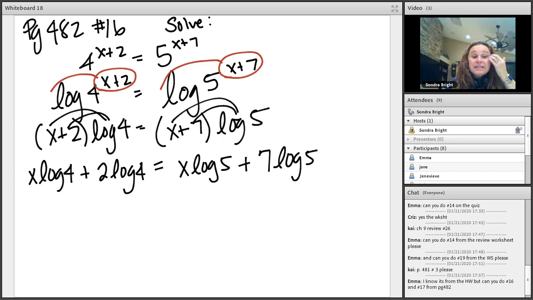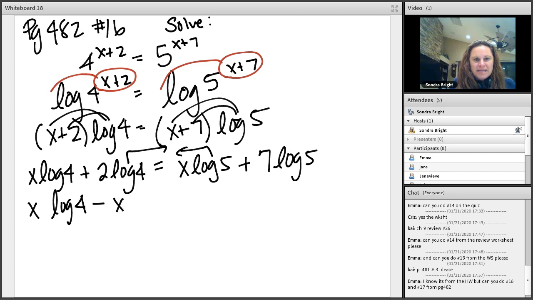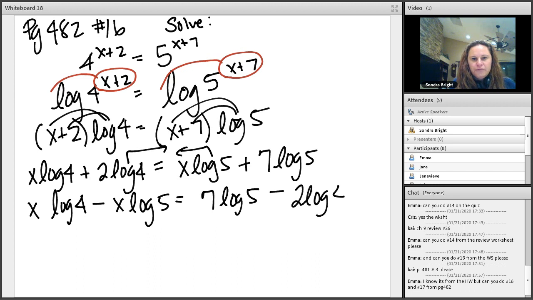And then I'm going to collect anything with an x in it on one side of the equal sign and anything without an x on the other. So I've got x times log of 4. This guy I'm going to bring over that way. This guy I'm going to bring over that way. So I've got minus x times log of 5 equals the 7 log of 5, and I'm subtracting 2 log of 4.